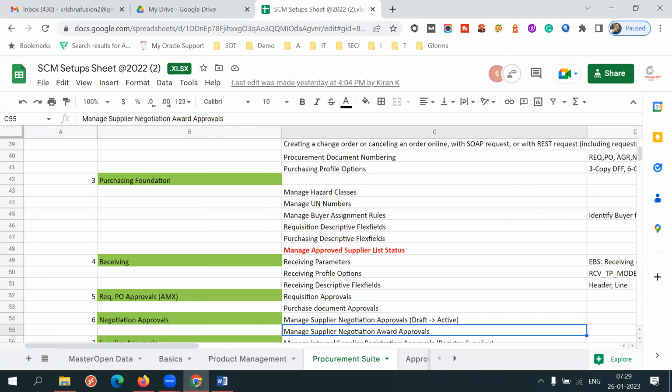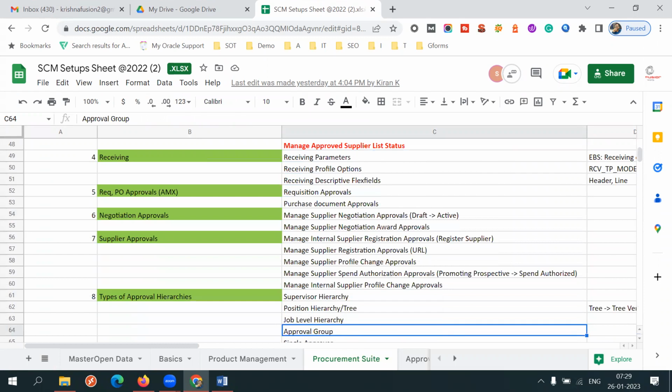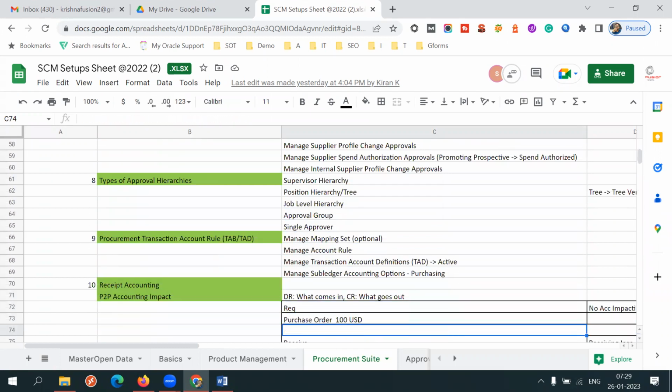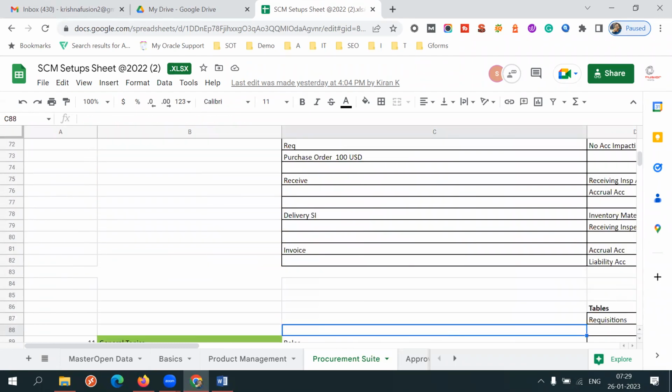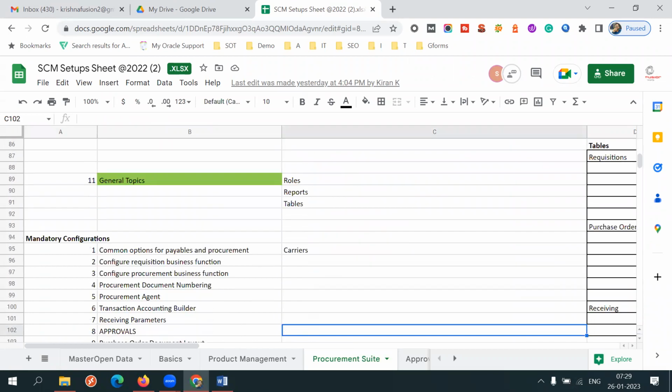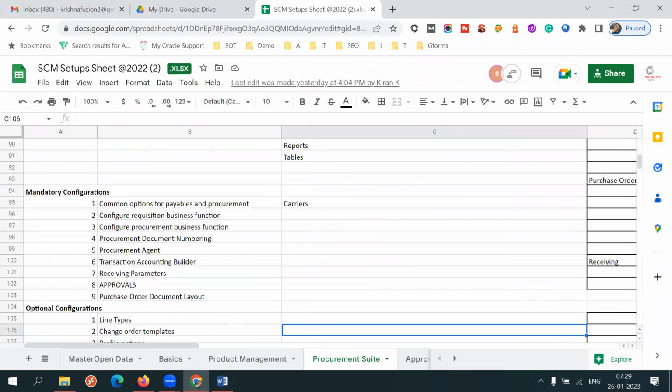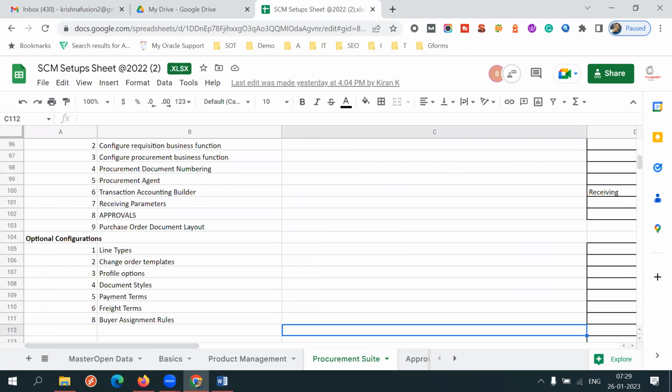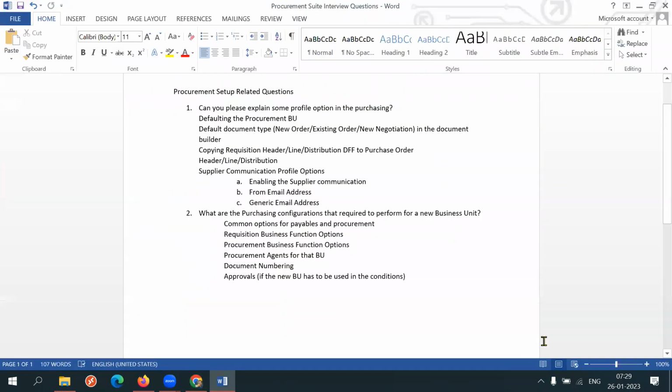Okay, let's look at this section once again. Did we miss anything? BU level setups. No, that's okay, that's fine. We explained at least a few, that's good, and we also explained important setups.